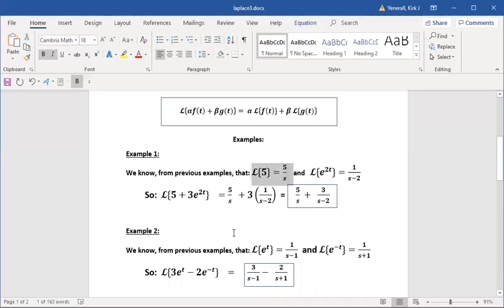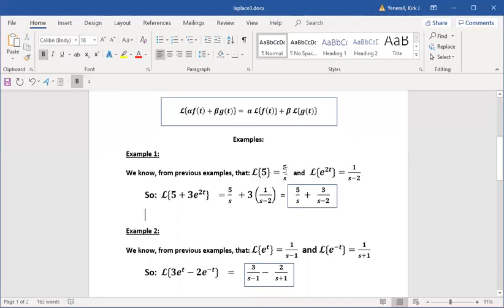So the Laplace transform of 5, for example, is 5 over s. We also showed that the Laplace transform of an exponential function, e to the at, is 1 over s minus a. So, for example, the Laplace transform of e to the 2t would be 1 over s minus 2.